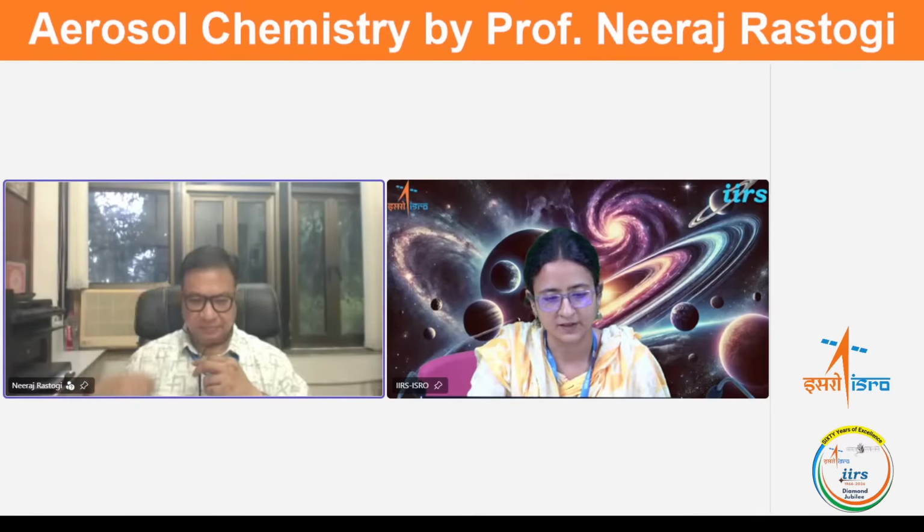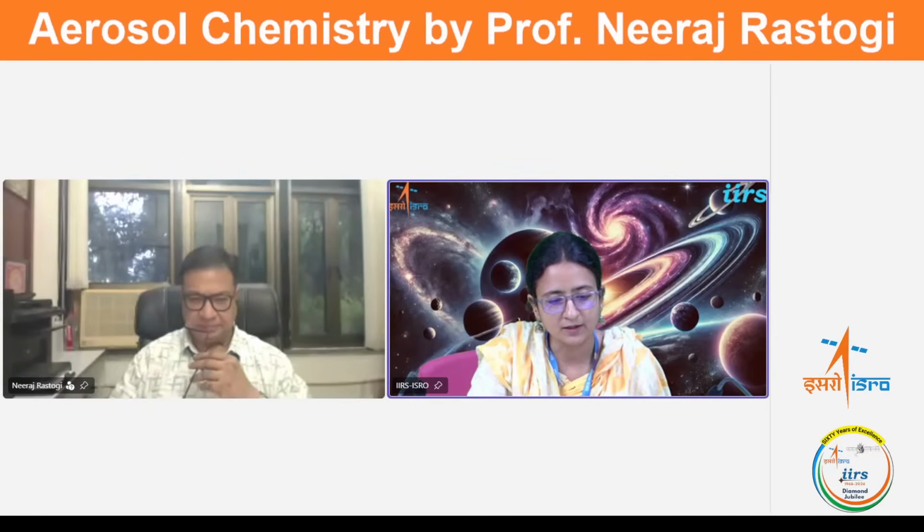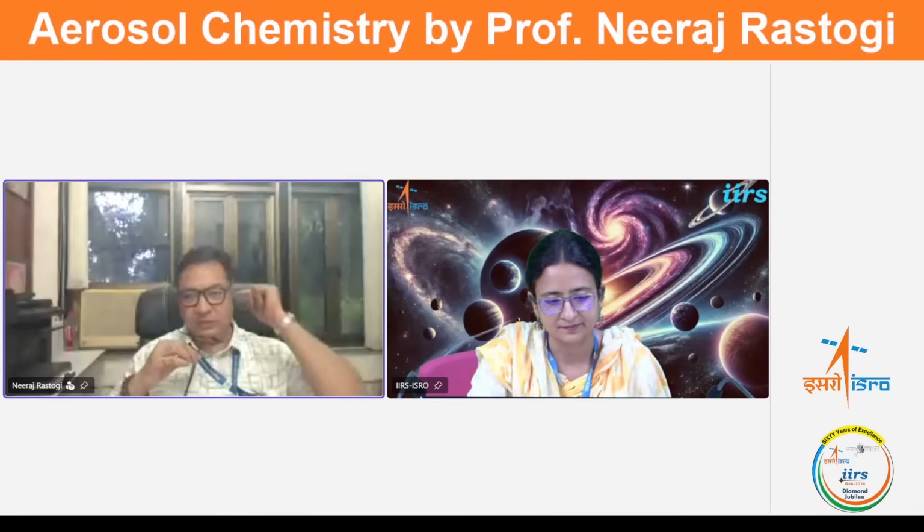Anushka is asking, please explain the process of secondary organic aerosol formation. I have not gone into great detail on secondary organic aerosol. If you recall, I was talking about BVOC and AVOC. BVOC is biogenic volatile organic carbon, and AVOC is anthropogenic volatile organic carbon.